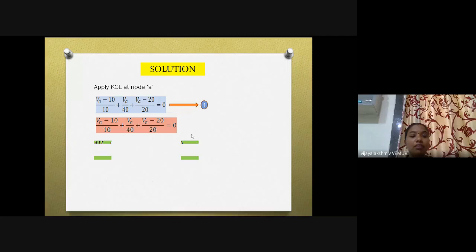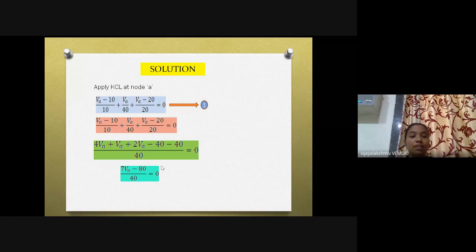We have to take the LCM for 10, 40 and 20. So the LCM is 40. 40 goes in 10 4 times, so 4 VA minus 40. Next, 40 goes in 40 1 time, so 1 VA. Next, 40 goes in 20 2 times, so 2 VA minus 40 is equal to 0.